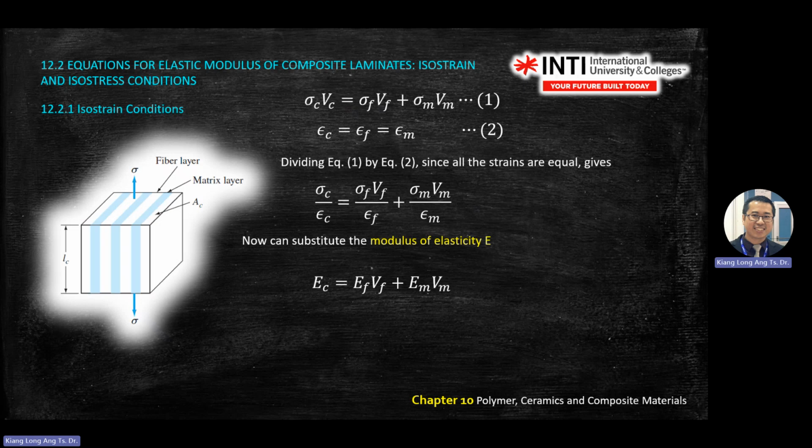Okay, so this equation is important. EC equals EF VF plus EM VM. This is for the isostrain condition. Okay, so this equation is also known as the binary system equation, or the rule of mixtures. It only applies when you have two components, which is matrix and fiber, epoxy and fiber. You only have two things, then only you can use this.